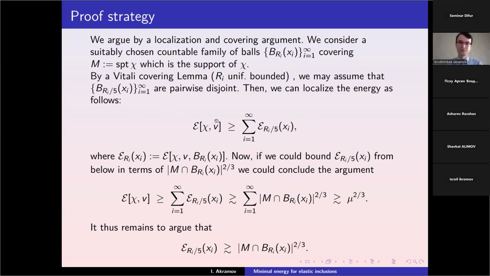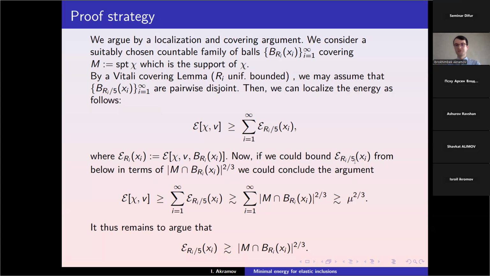Then we can localize the energy as follows. The energy is bounded below by the sum over i equals 1 to infinity of the energy within the ball B(Ri/5, xi), where this E means the energy with chi and v in B(Ri, xi).